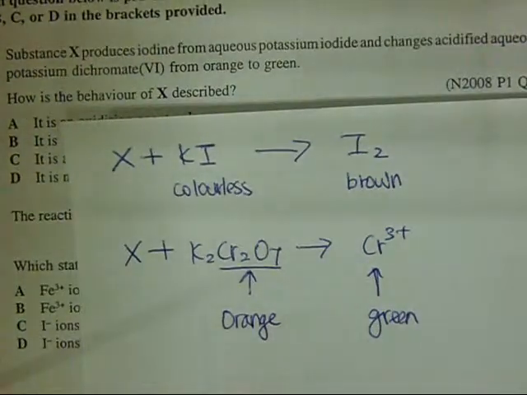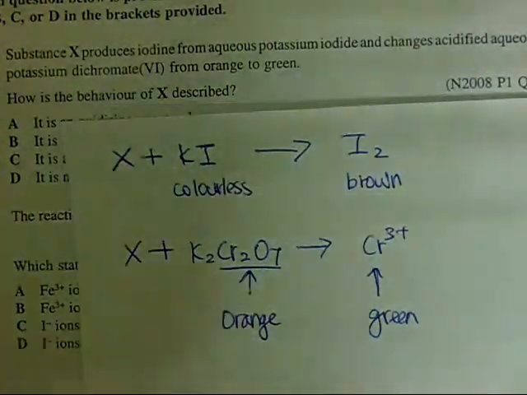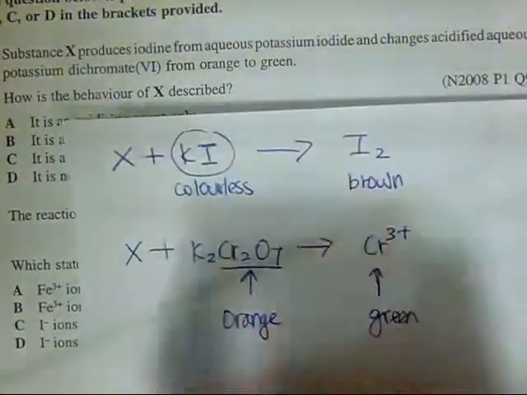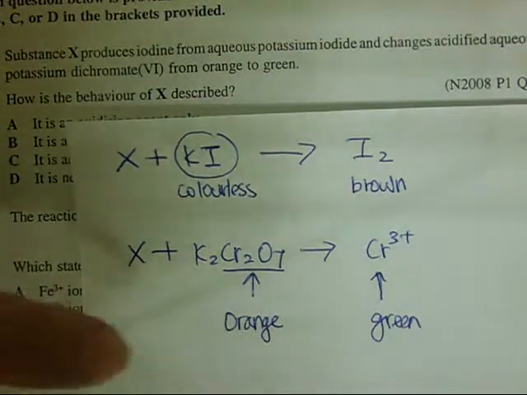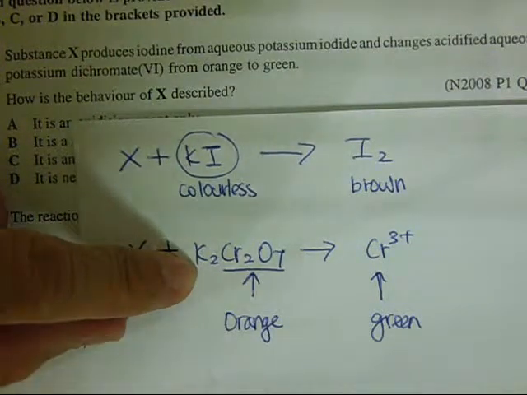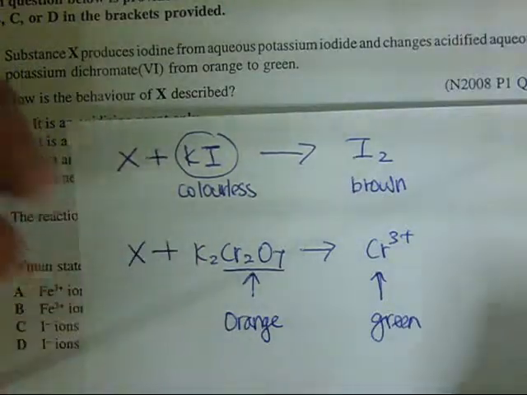So basically you can summarize the question into these two. Now you have to be aware that potassium iodide is actually a test for oxidizing agent. Potassium iodide itself is a reducing agent and it can be used to test for oxidizing agent. Likewise for acidified potassium dichromate(VI), it can be used to test for reducing agent.